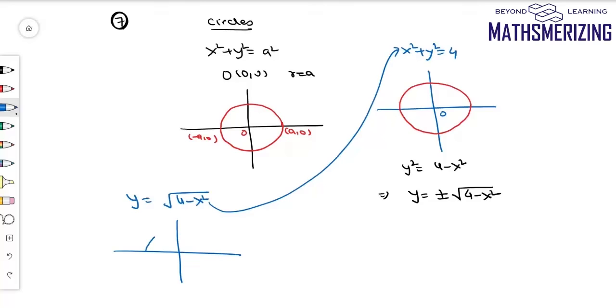So in this case, it will represent a semicircle. And what if I say draw the graph of y equals minus under root of 4 minus x square? So again, it will represent the same circle, but here it will represent the part of the circle which is negative, which is the semicircle which lies below the x-axis.